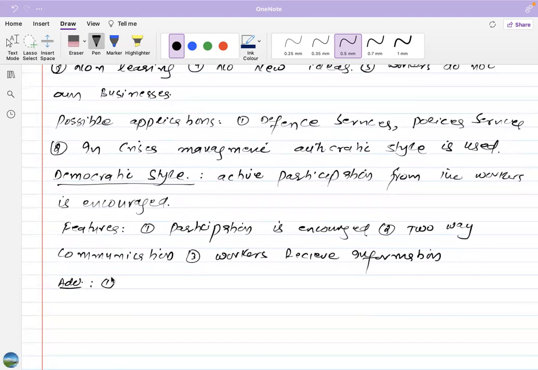We say that the democratic style of leadership helps to resolve chronic problems, such problems that haven't been resolved over the years. The democratic style resolves them because they sit, they discuss, they are involved in the decision-making process.